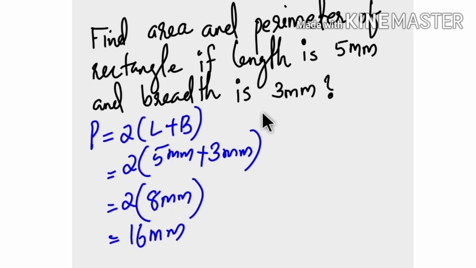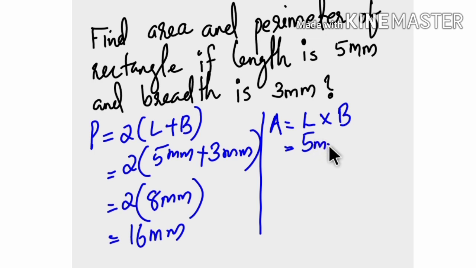Now let's find the area of rectangle. We have the equation we already learned, length into breadth. This is the equation for finding area of rectangle. So here length is 5 millimeter into breadth is 3 millimeter.